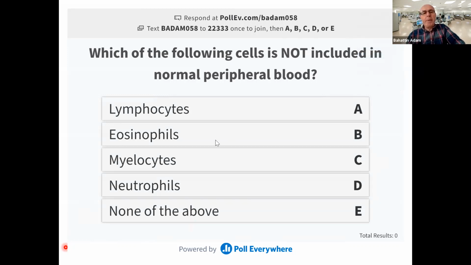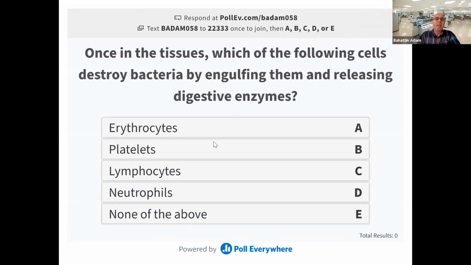This is the last one. Once in the tissue, which of the following cells destroy bacteria by engulfing them and releasing digestive enzymes? If you pay attention, which one?